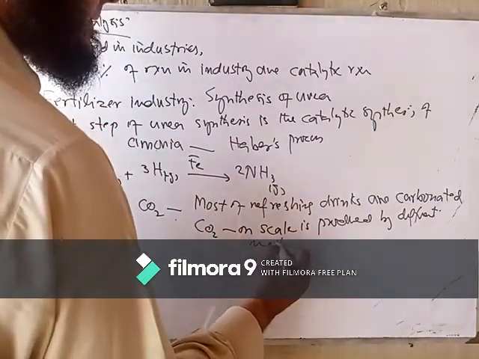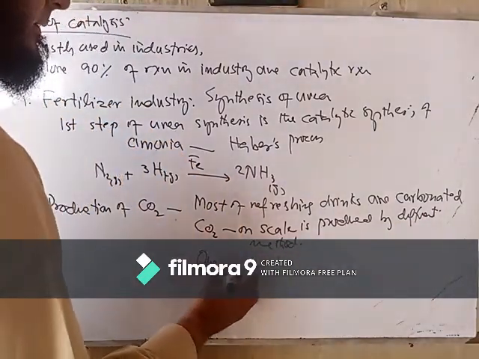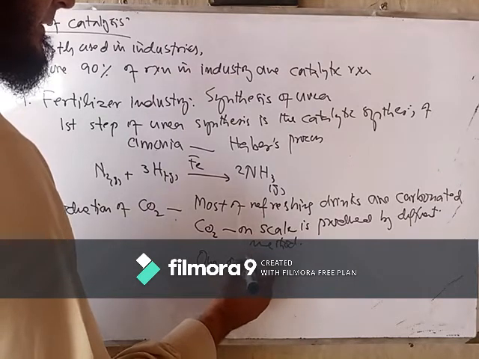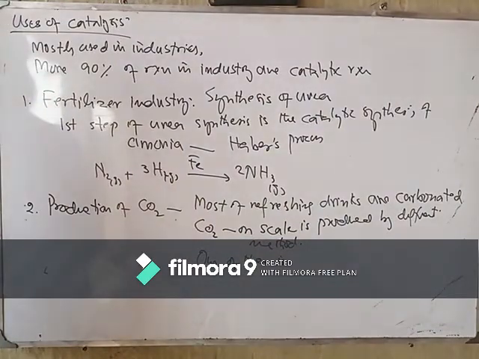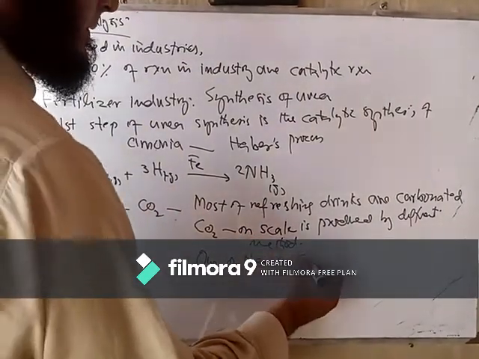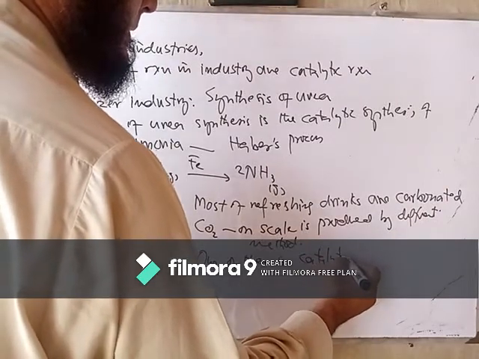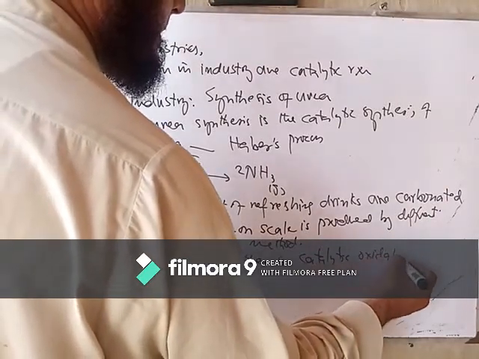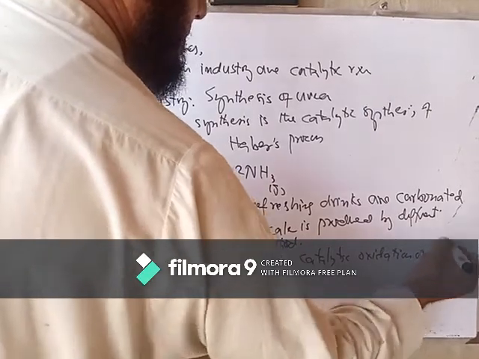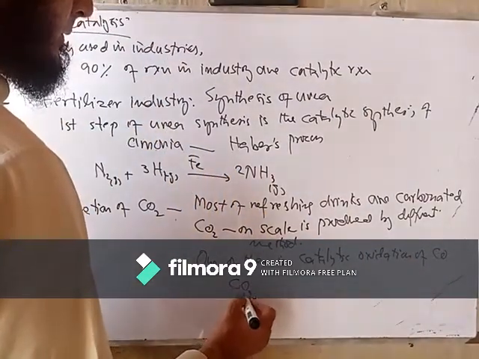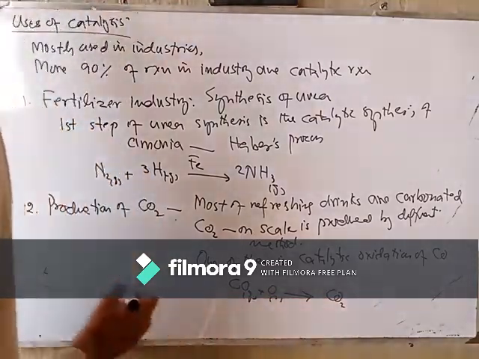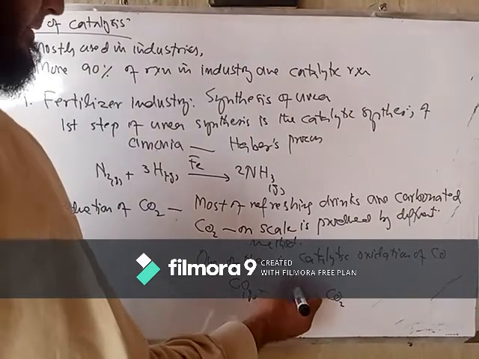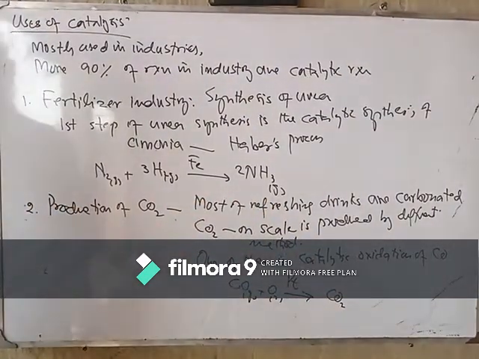One of them is the catalytic oxidation of CO. So CO and oxygen give carbon dioxide using a solid catalyst, let's suppose platinum. So this is another example of usage of catalysis in industry.